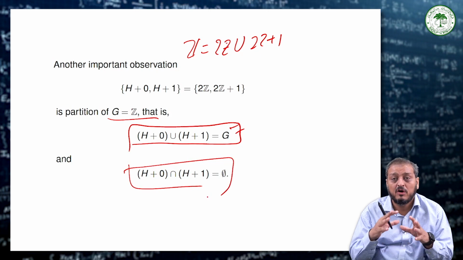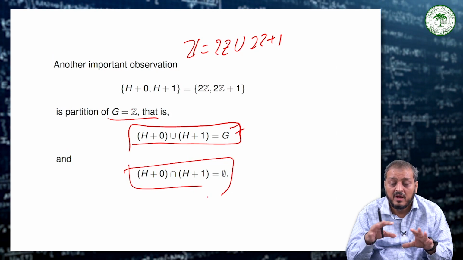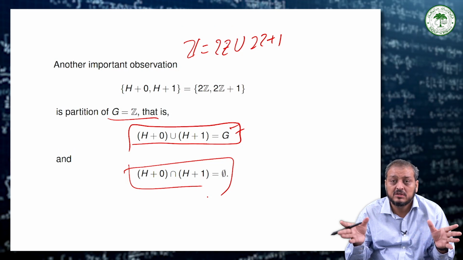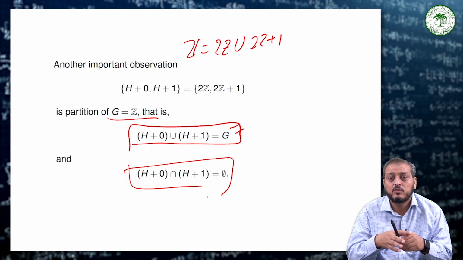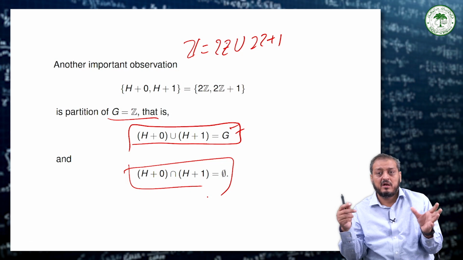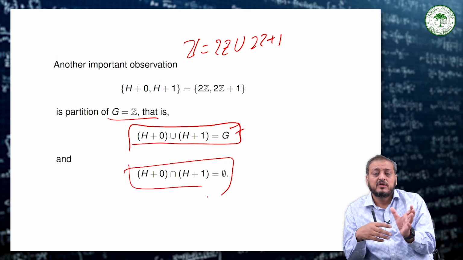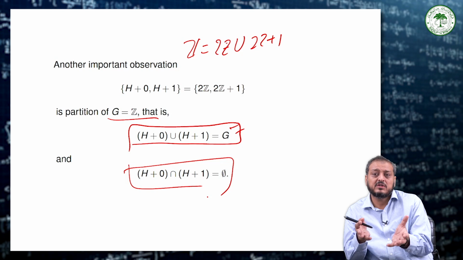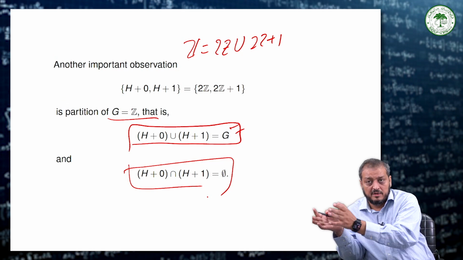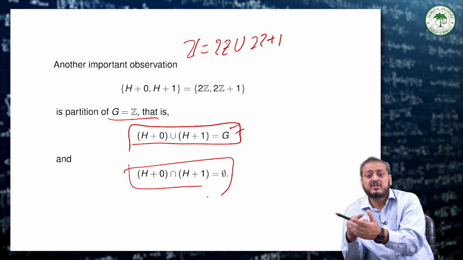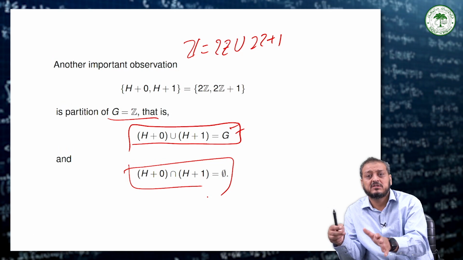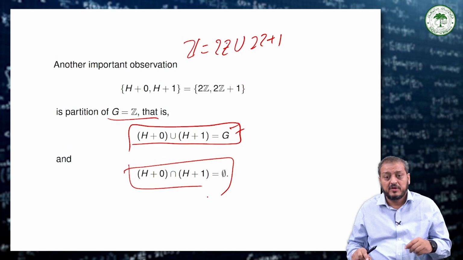In general, if you take the collection of all the left or right cosets, the union gives G, and the intersection gives the empty set.